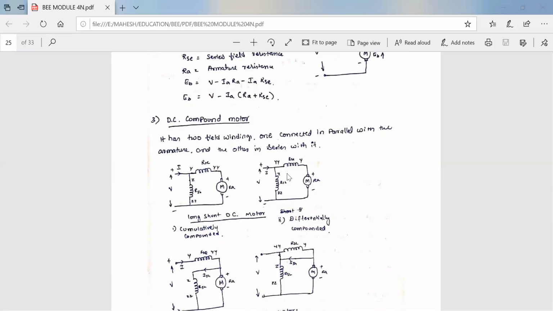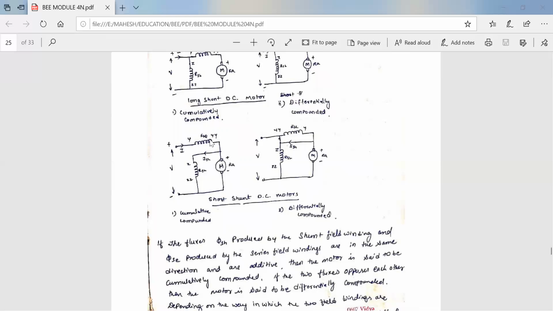So the total flux will be the difference of the shunt flux and the series flux. Therefore phi T equals phi SH minus phi SC in the differential compound motor, whereas in cumulative, phi T equals phi SH plus phi SC, meaning both are additive, and in the differential, they oppose.